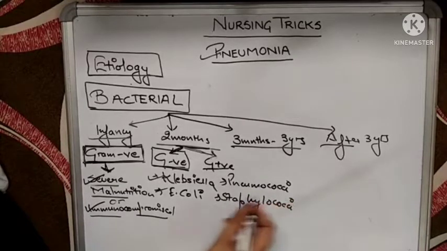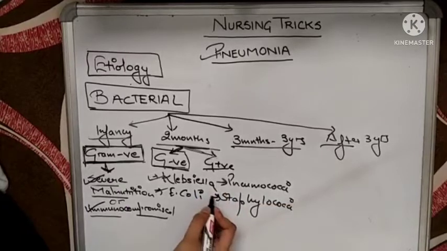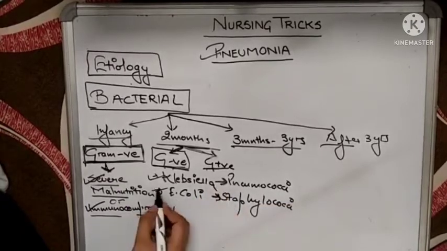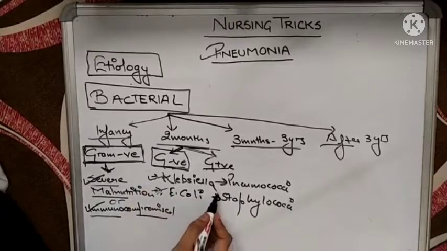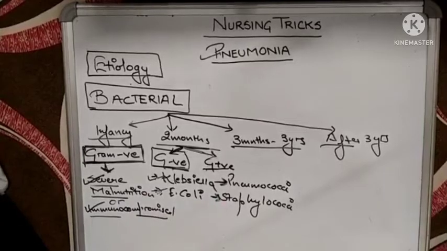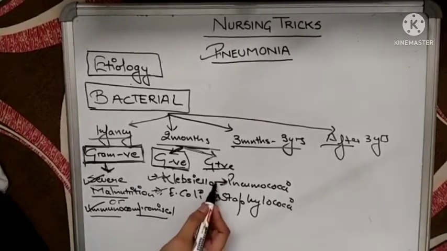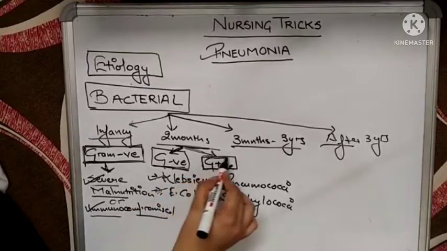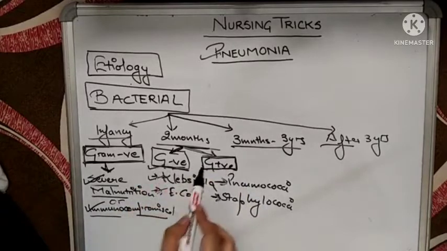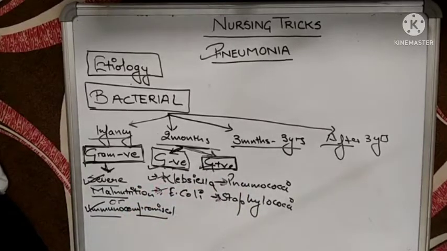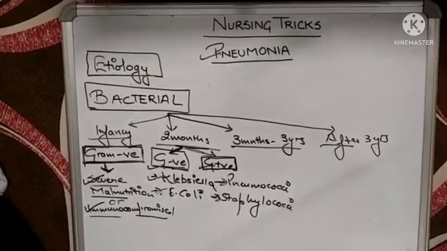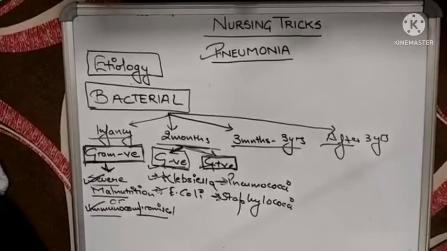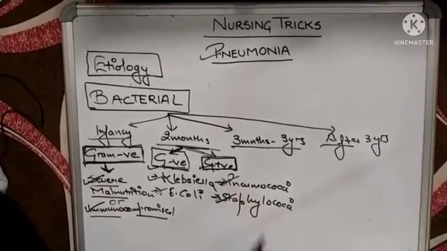I am not rushing through this because I know once you are in the exam, you can mark my line, you will definitely see this particular question if you are going for this subjective exam. So please make sure that you write all these things, then only you will get the proper marks. Okay, so in gram negative we have the Klebsiella and the E. coli, and in the gram positive we have the pneumococci and the staphylococci. So these two are the organisms.